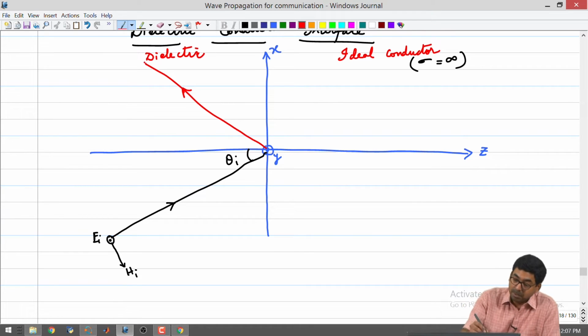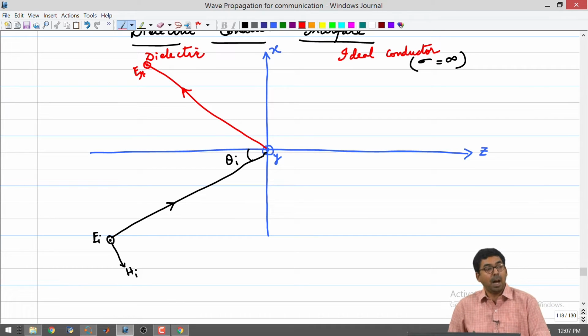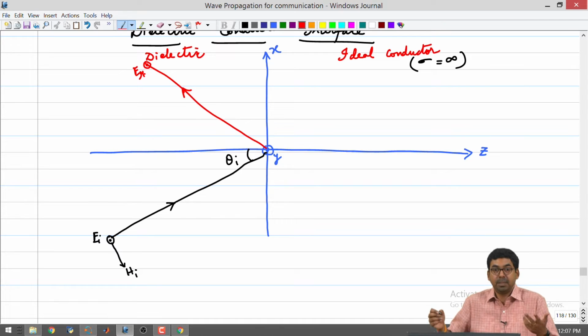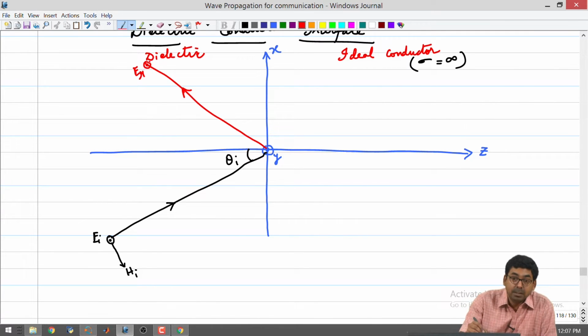I am going to assume that the electric field direction does not change at all. So let me assume the direction ER to be in line with EI. It is an assumption. If that were the case, the magnetic field would have flipped and it would be pointing like this. I will remove this word dielectric from here, that will give me some space.